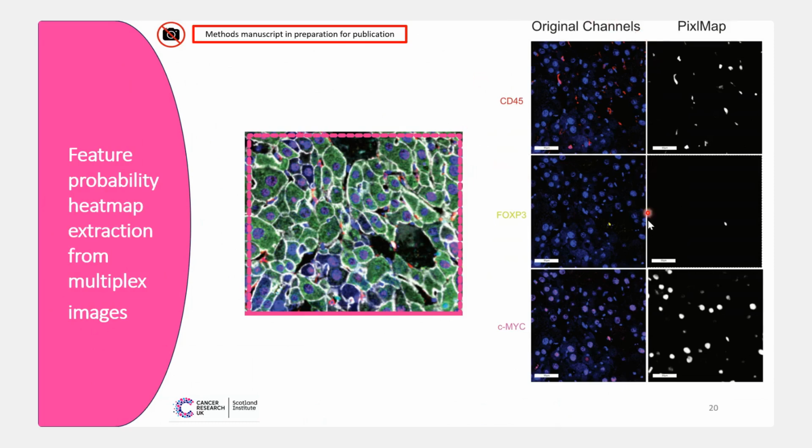And on the right-hand side, this is a probability heat map for the corresponding marker. So you can see that it's extracted the probability heat maps for each marker really, really well, despite not being given MYC and CD45 in the training set, and despite not being given any mouse tissue. The reason for this is because it's learned the pattern of positivity for the cellular compartment, so it knows.